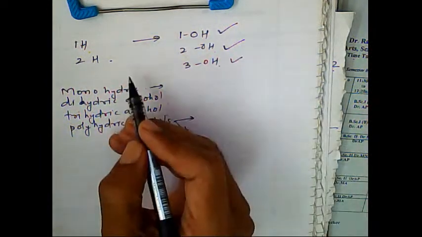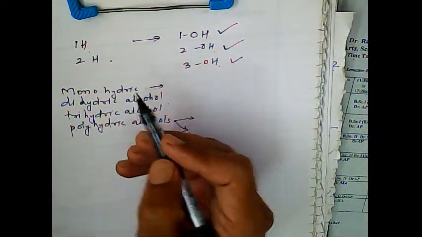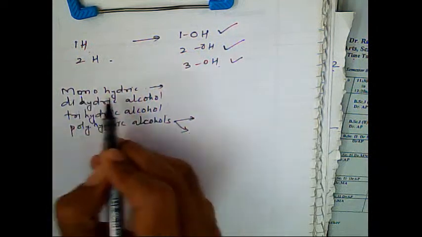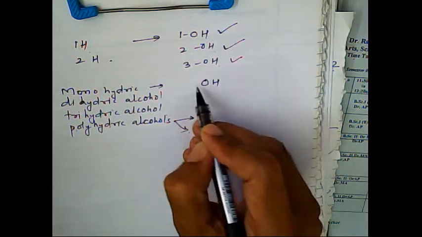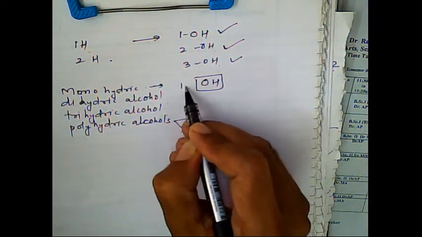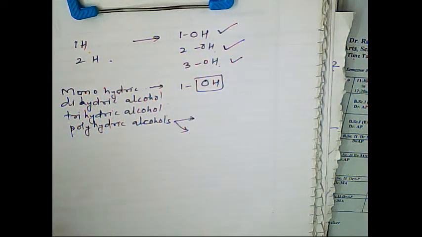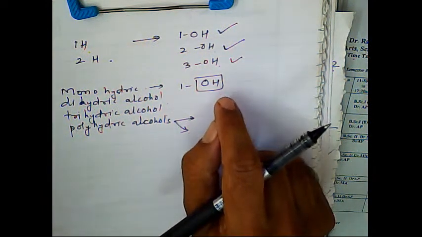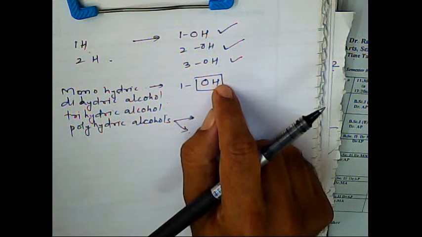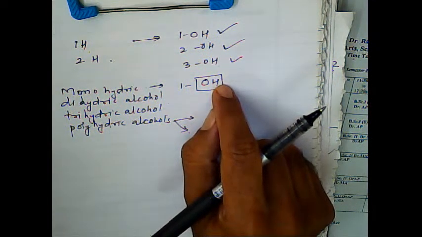Monohydric, as the name suggests, mono means one, hydric means OH group. So monohydric means compounds with only one OH group. It can be defined as compounds obtained by replacing only one hydrogen atom with one hydroxy group.